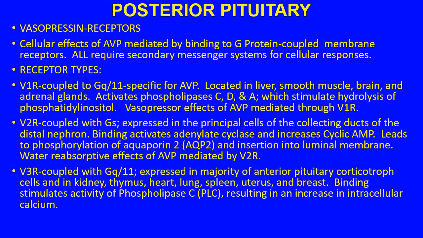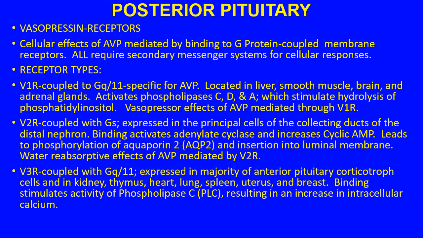To help you to understand this, and you can see this in your text, aquaporin AQP2, there's 4 of them. AQP1, 2, 3, 4. AQP2 is sort of held in reserve. And these receptors, once they are phosphorylated, will move in and insert into the luminal membrane.